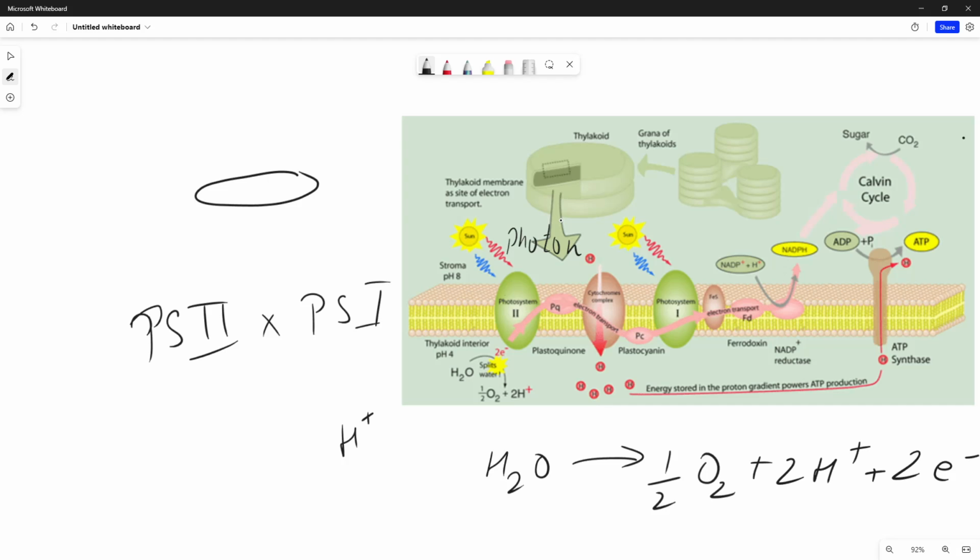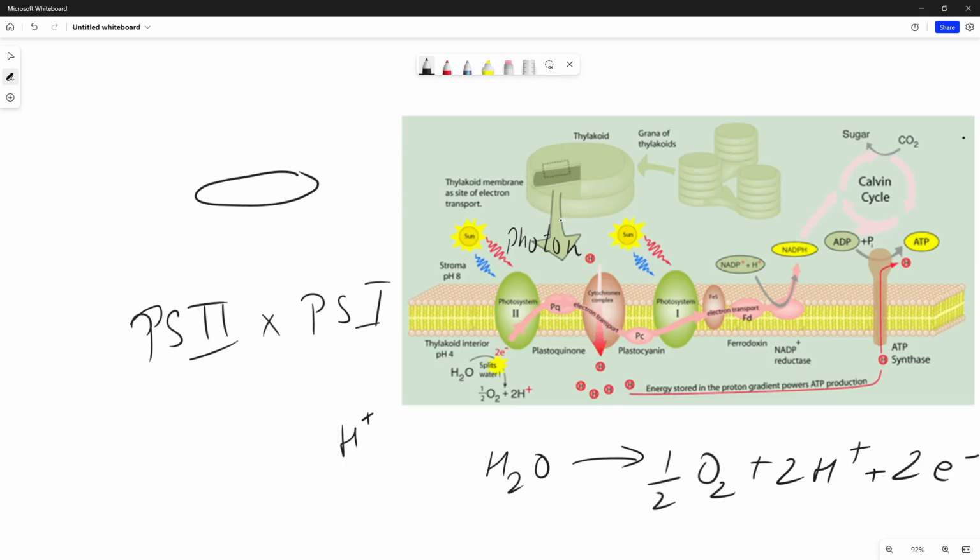So you have electrons that are going through and protons that are going across. Once this happens, the electron goes through the tunnel. You might think of this as a tunnel. It goes through the tunnel until it reaches photosystem 1, where it is excited once again.